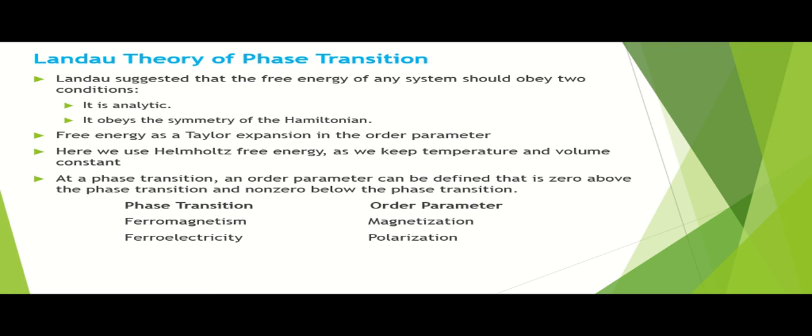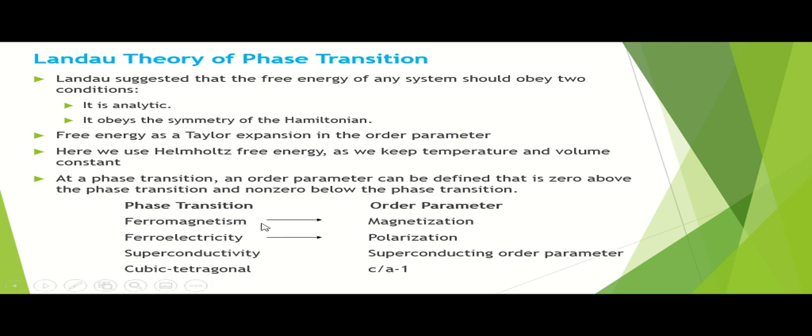Similarly, for the ferroelectric phase transition, you will use polarization as your order parameter. Just like magnetization is because of the alignment of magnetic dipoles, the polarization is due to the alignment of electric dipoles in ferroelectric materials.